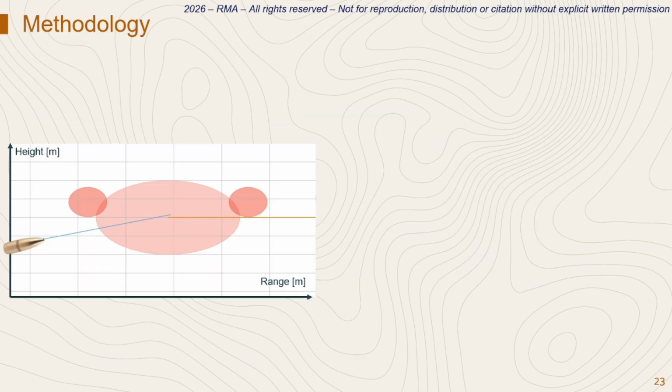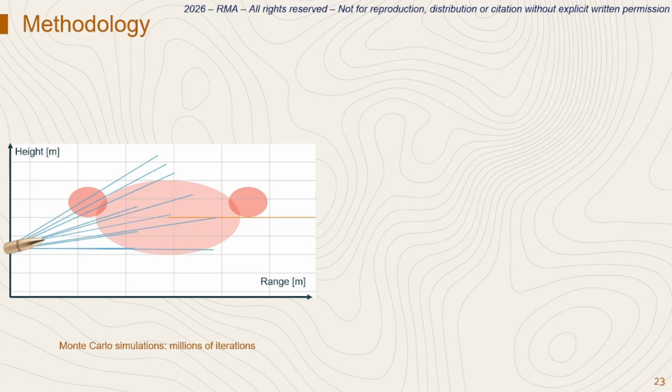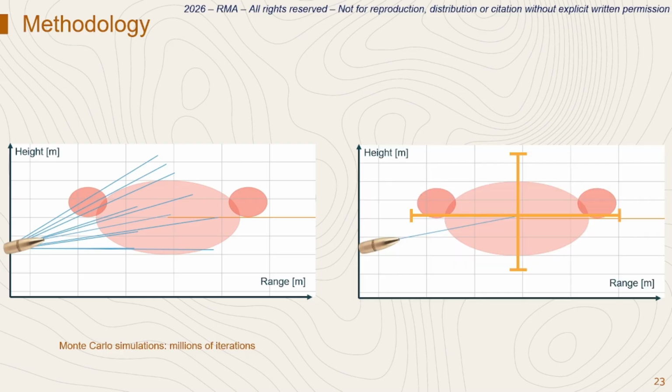The way we do that is by quantifying uncertainty on the input parameters, so that's muzzle velocities, elevation angles, ballistic dispersions, and we run simulations on our methodology. The results of those simulations will allow us to statistically quantify the interception point. So we will have a mean or average interception point and standard uncertainties of that interception point.